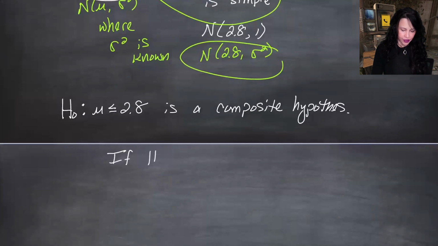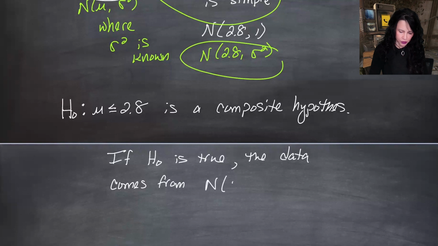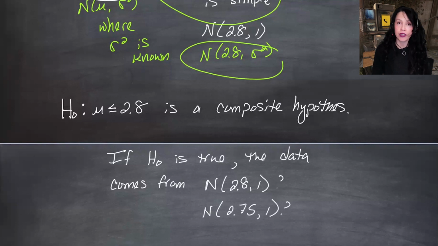If the null hypothesis is true, the data comes from a normal what? A normal 2.81? A normal 2.751? I mean, there's an infinite number of possibilities here, and I don't know exactly what distribution we're working with. So this is not simple.